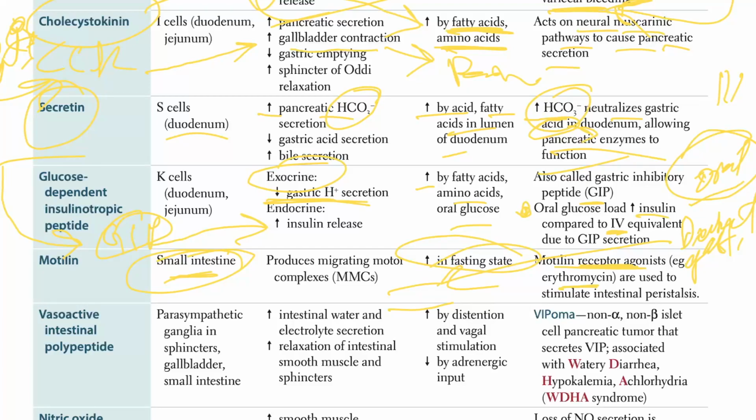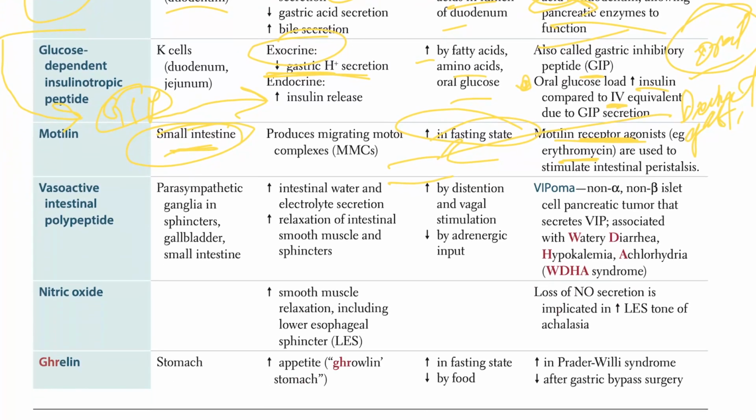Okay, coming back to this here. So what do we have? We have this vasoactive intestinal polypeptide. Vasoactive V, intestinal I, polypeptide P, VIPs.